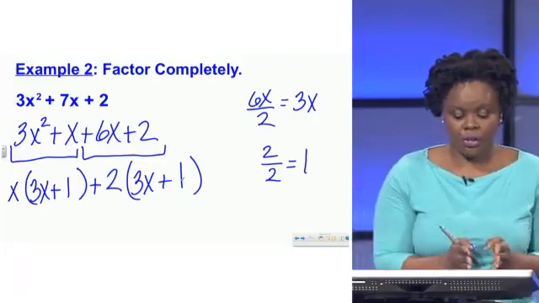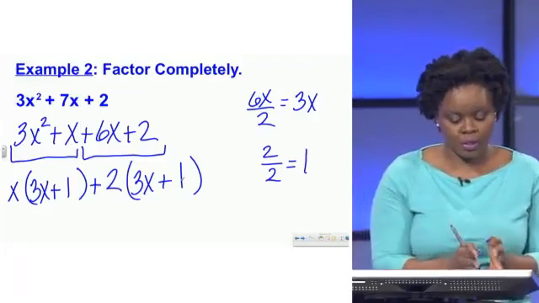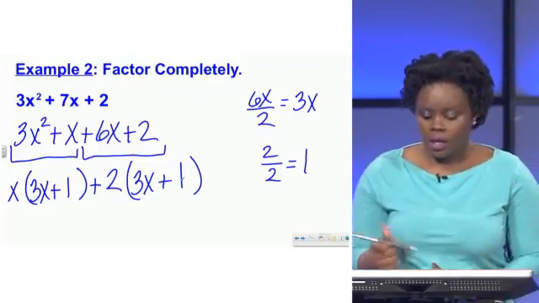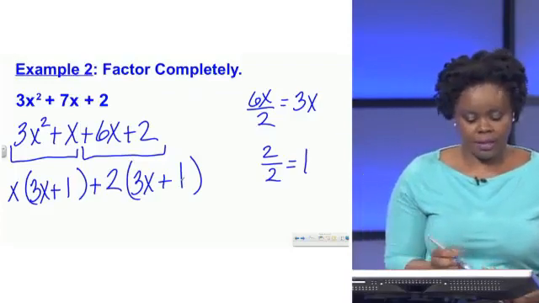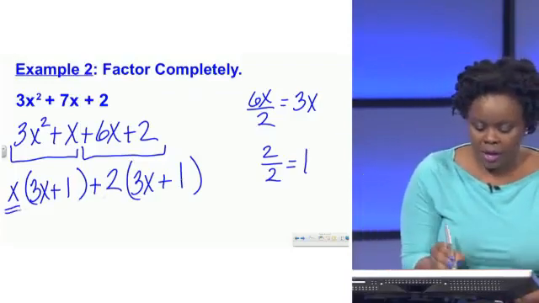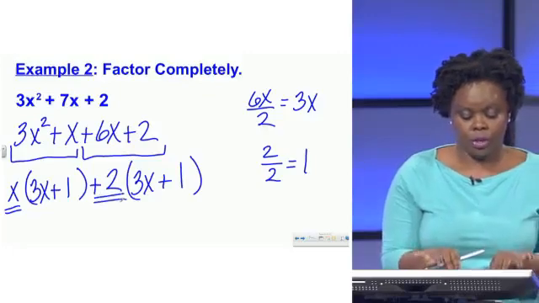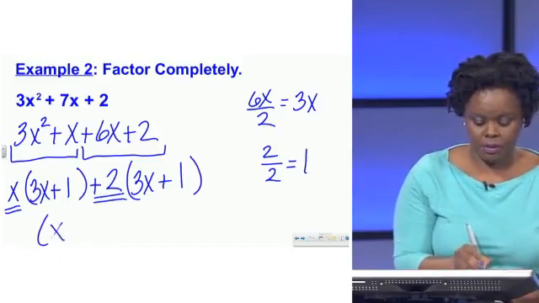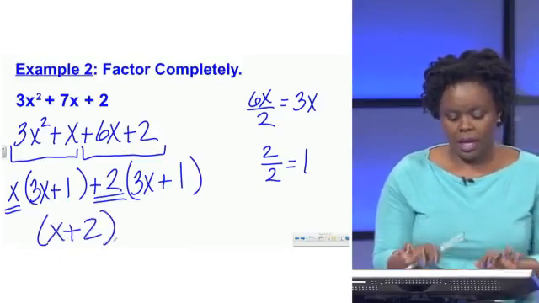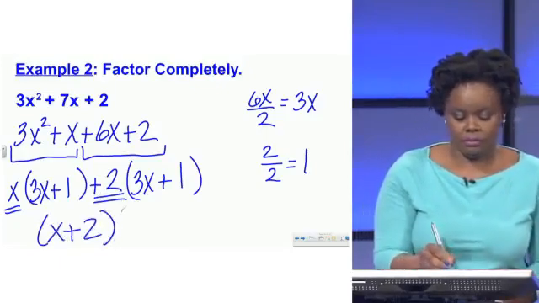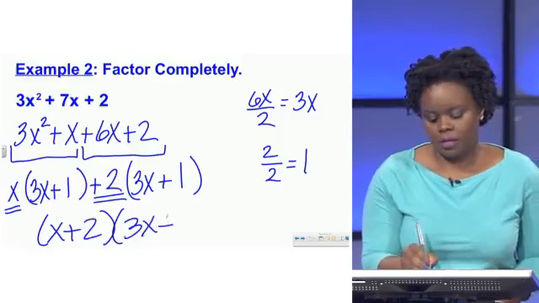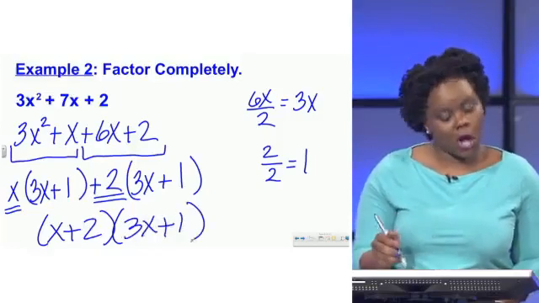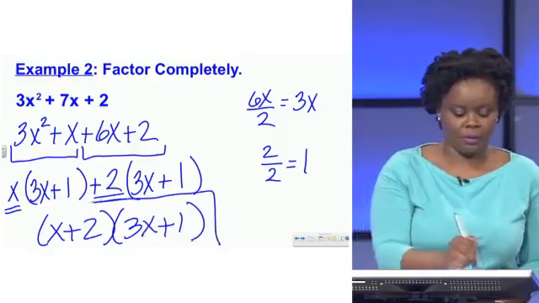We're at that point where you notice you have the same group in those parentheses. So we can rewrite this. Right here we have our x plus 2, which is out front. We bring that together. So x plus 2. And then that factor that was repeated, 3x plus 1. And you are all done. You have factored that trinomial.